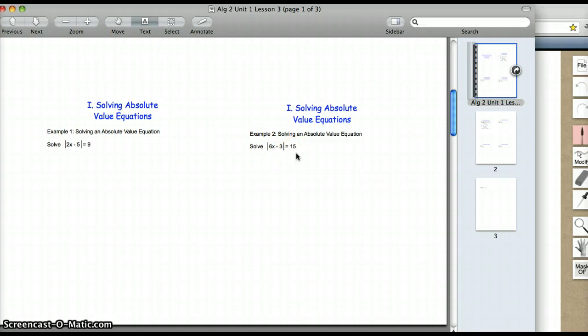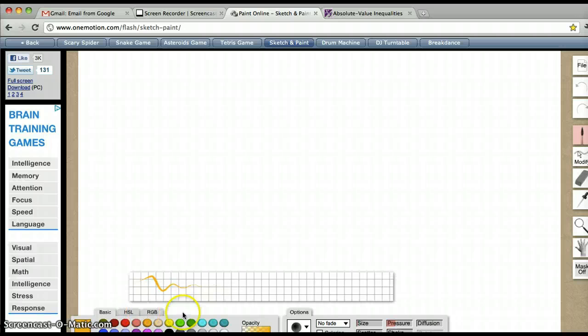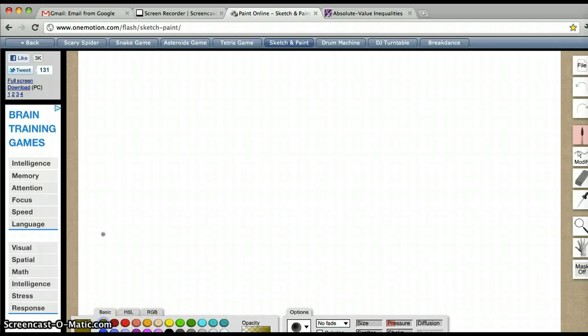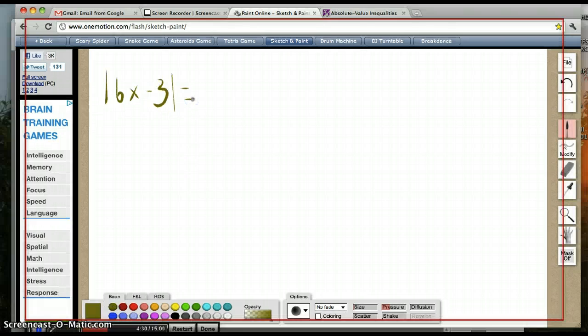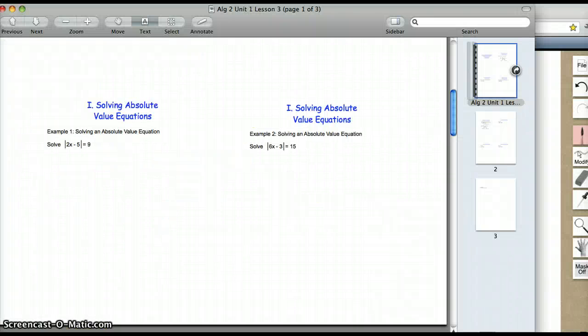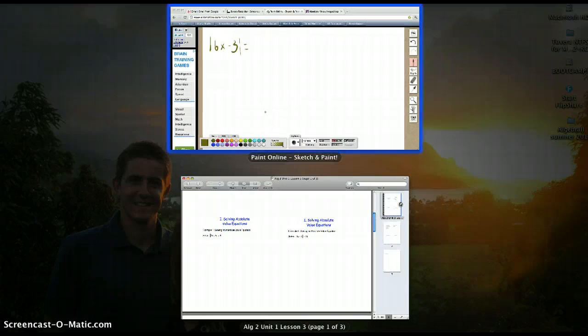So let's go ahead and set that up. So absolute value, 6x minus 3, absolute value equals 15.